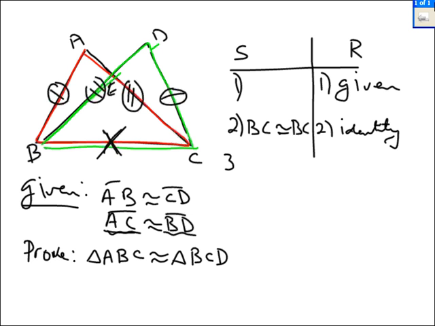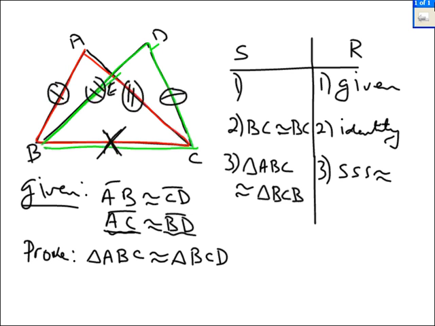Now you can say right away that triangle ABC is in fact congruent to triangle BCD. And the reason is SSS corresponds, or it's congruent to SSS. And that problem is done. Try a couple more.